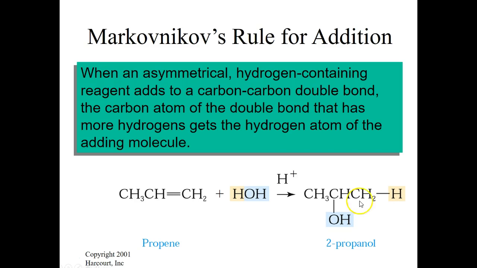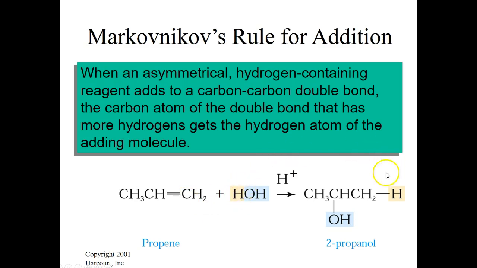So if I take that double bond like we talked about just now, I break the water in two pieces, and I see an H there and an OH there, I'm going to look at these two carbons and find the carbon that has more H's on it. So if you look right here, this carbon has two H's, this carbon has one. So H's like H's, so when this H comes off this water, it's going to go where there's more H's.